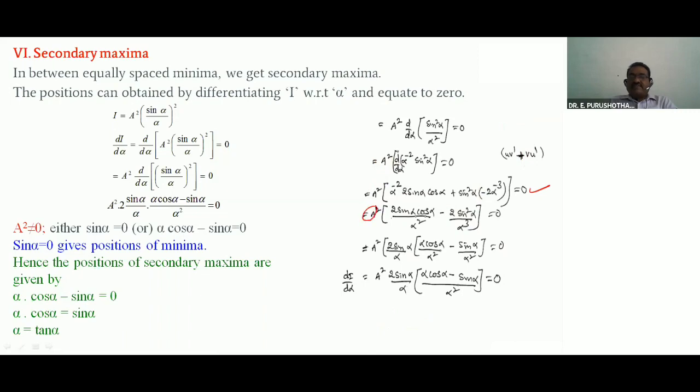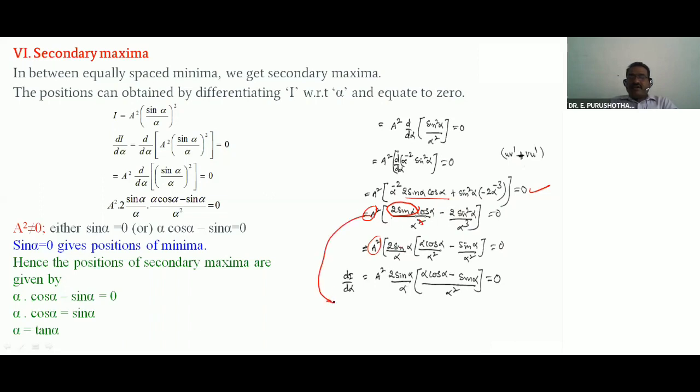So I am writing here, up to here, no doubt. a square as it is, this is 2 sine alpha cos alpha as it is. Alpha to the power minus 2 we can write as divided by alpha square. This minus into plus, minus, this 2 sine square alpha. This alpha to the power minus 3 we can write as divided by alpha cube, is equal to 0. So a square as it is, just take 2 sine alpha by alpha, one alpha common factor.